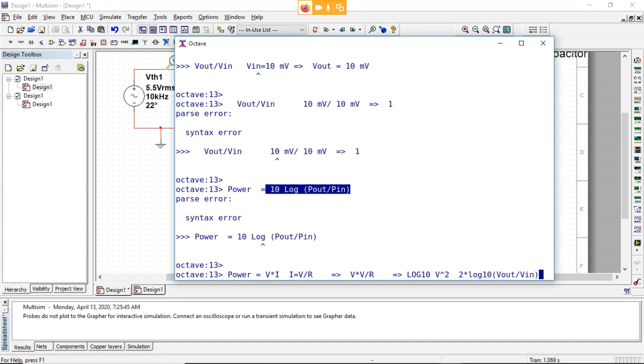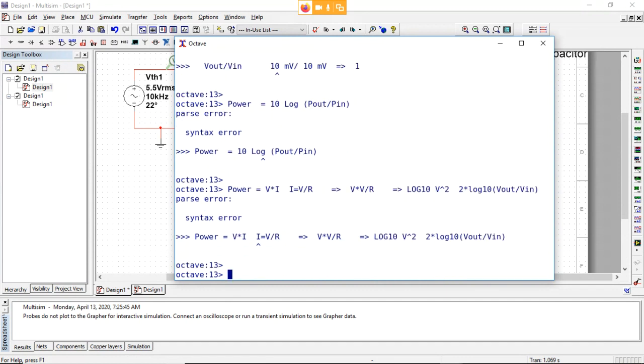That gives you a bell. And then to do a decibel, we multiply times the 10. So decibels, using voltages, is 20 times the log base 10 of voltage out divided by voltage in.